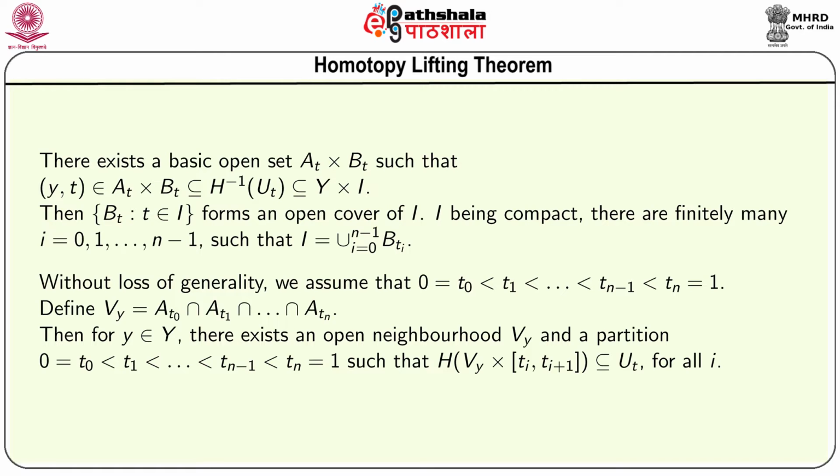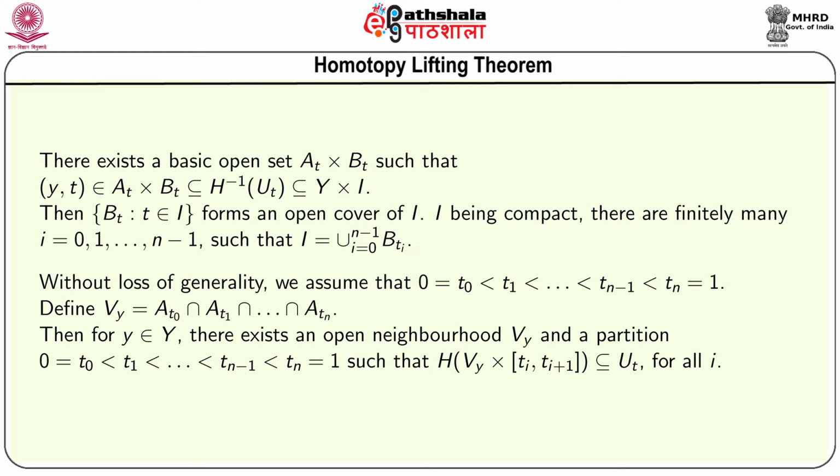Without loss of generality, we assume that these points are in order. That means t0 is less than t1, less than t2 and so on. So we define Vy as the intersection At0 intersection At1 intersection up to Atn.